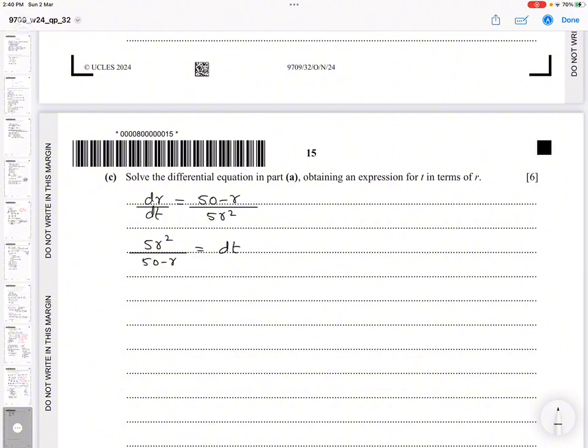Now integrate both sides. So integral of 5r square over 50 minus r equals integral of dt. So integral of minus 5r minus 250 plus 12,500 over 50 minus r is equal to integral of dt.